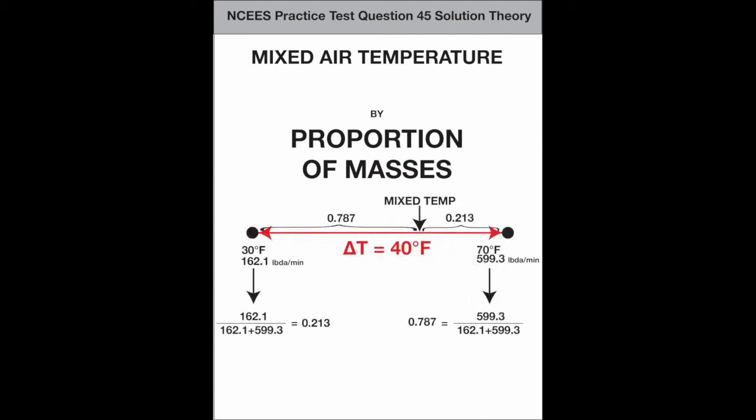The difference between 70 degrees and 30 degrees determines the length of this line, 40. 78.7% of 40 is 31.48. So the mixed air is 31.48 degrees above 30 degrees, making it 61.48 degrees.